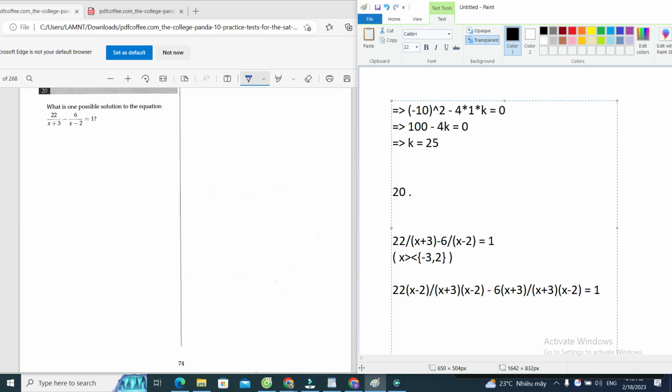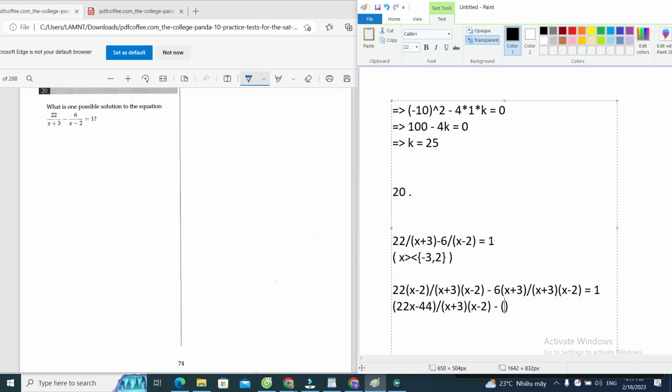So this means that 22x minus 44 over this denominator, and because they have the same denominator, you can group them together.